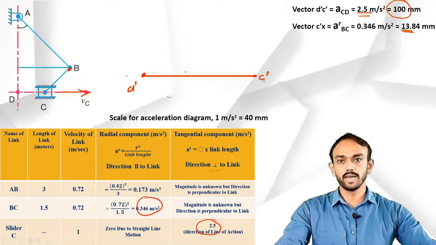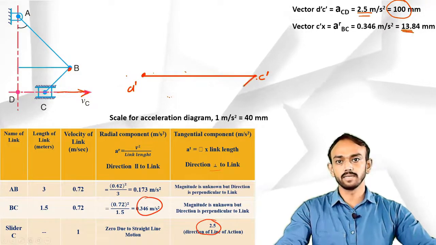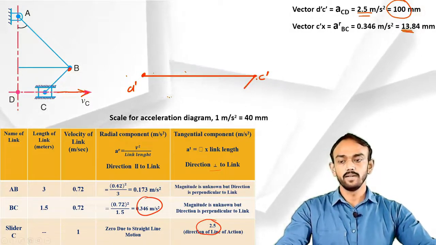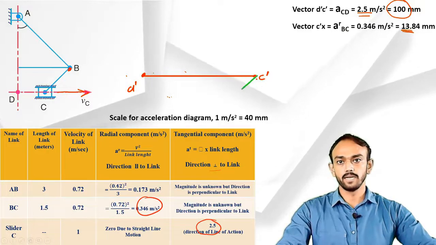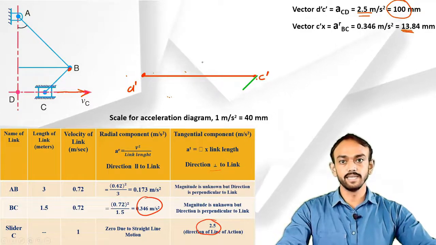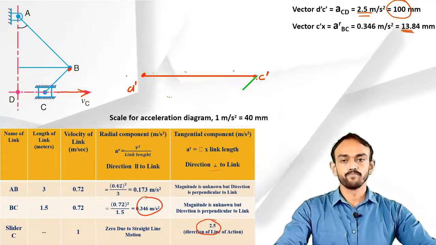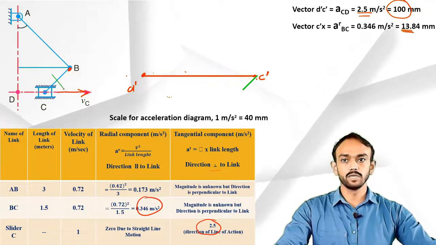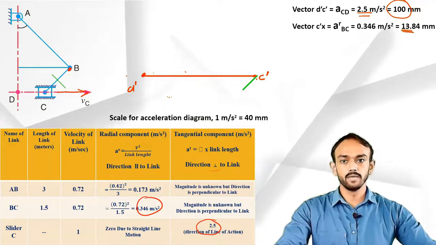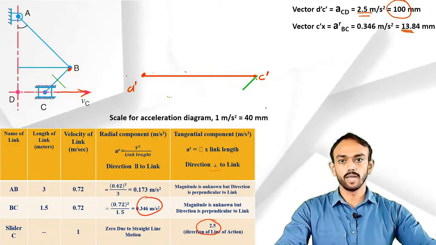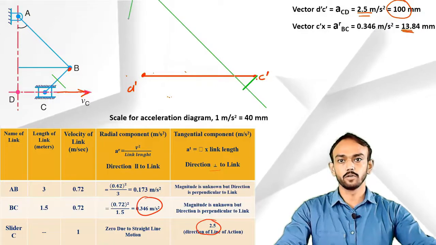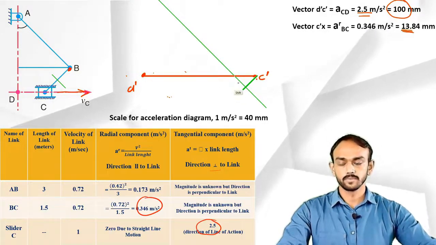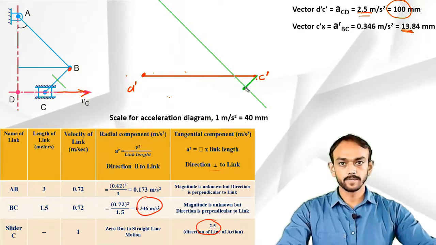So I will draw here in the direction of the link 13 centimeter. Okay, like this. And now I will draw here parallel to the link in this direction. Now I will draw the perpendicular to the link, the tangential component. I know the direction, perpendicular to the link, magnitude is unknown, so I will draw like here, this is perpendicular to the link. Okay, consider this point is like here.